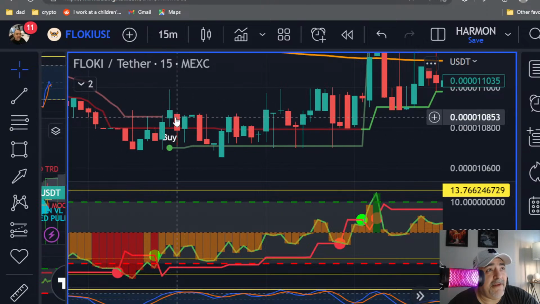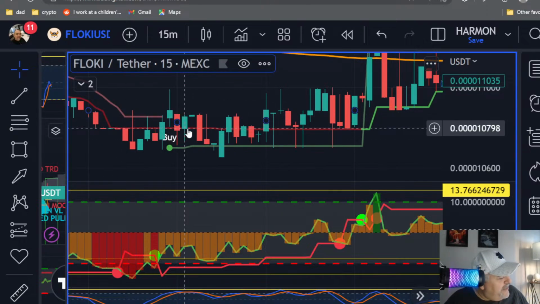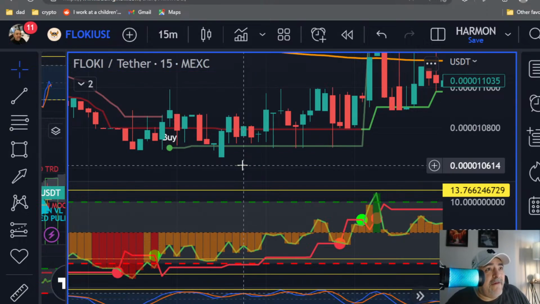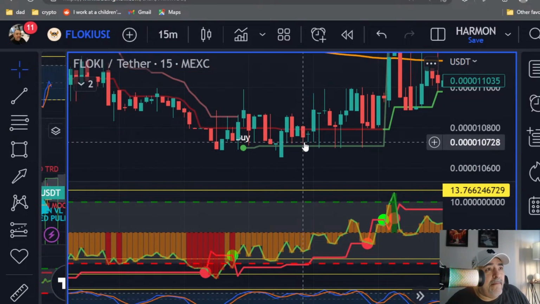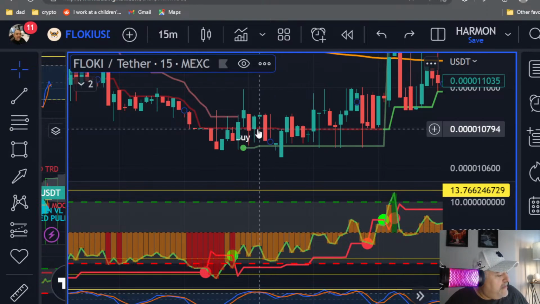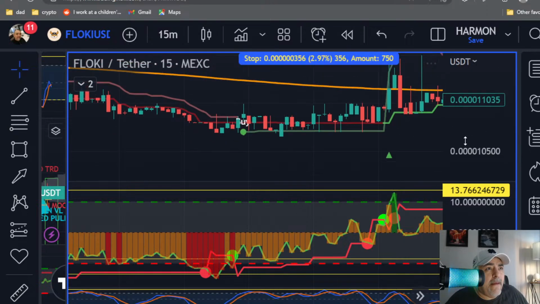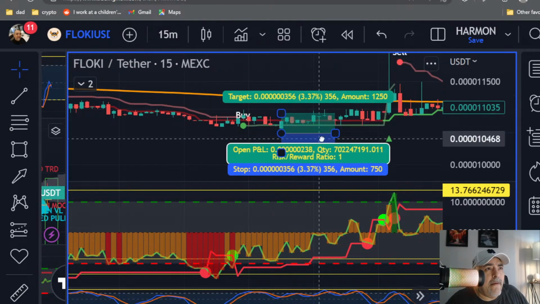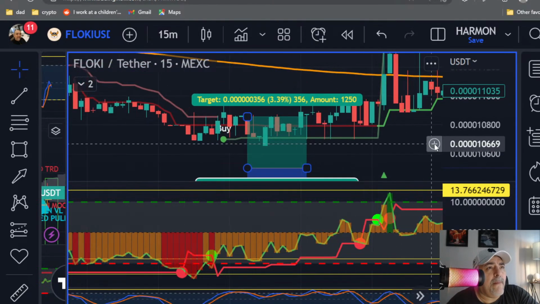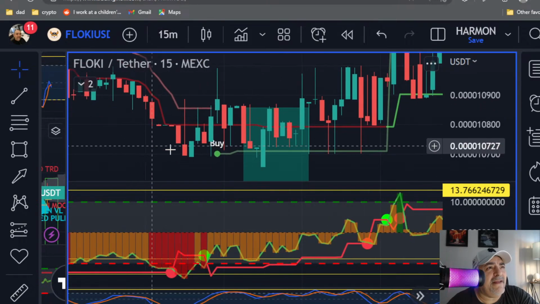And that looks like it's going to be 3% anyways. But we never know if that's going to be continuous, right?